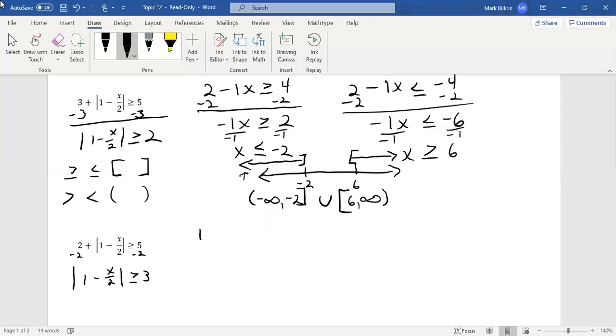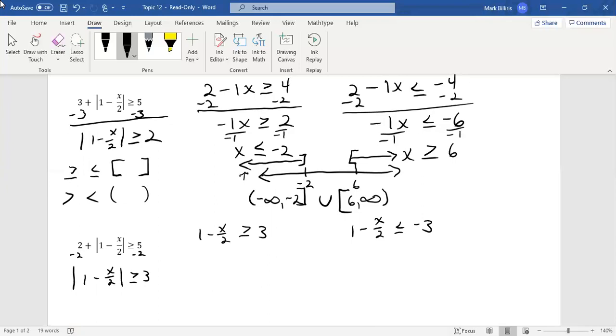I have 1 minus x over 2 is greater than or equal to 3. And then I do the opposite, keeping in mind since I'm multiplying through by a -1, I'm changing the direction of the inequality sign as well. So it's 1 minus x over 2 is less than or equal to -3.